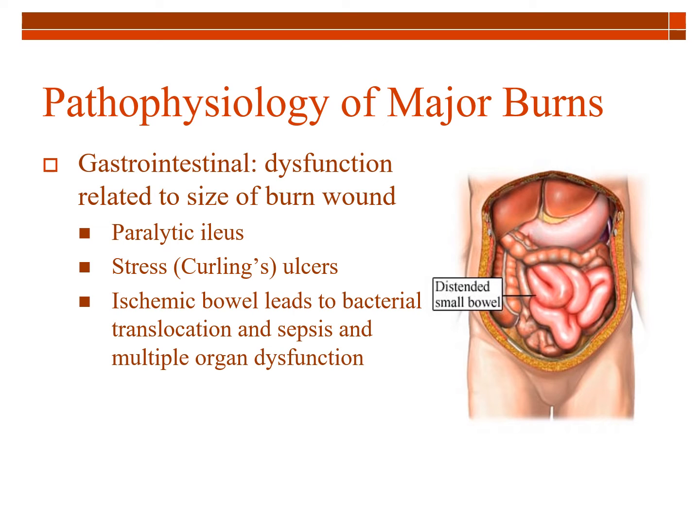Stress ulcer is common in patients with burns to more than 35% of their body surface area. Another name for this stress ulcer in burn patients is Curling's ulcer. And finally, we can have an ischemic bowel that leads to bacterial translocation and sepsis and multiple organ dysfunction.